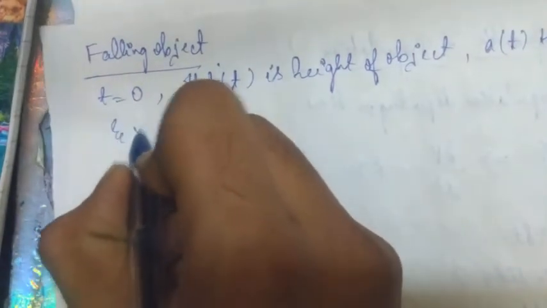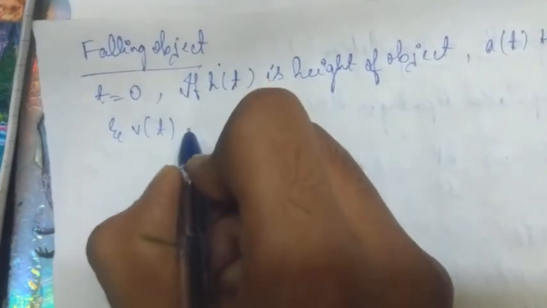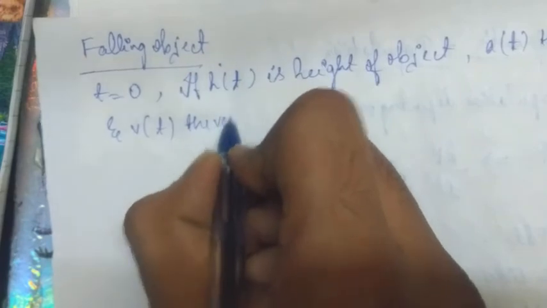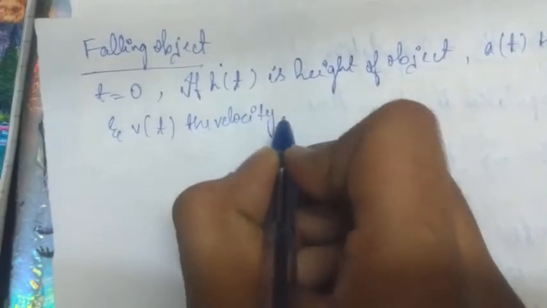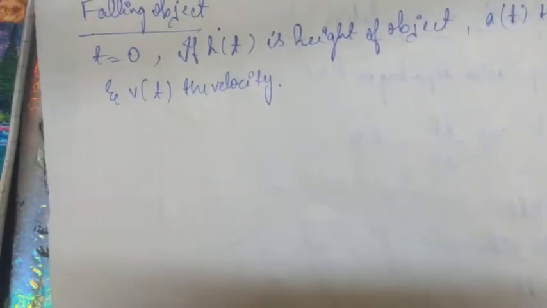We are taking a of t as the acceleration, and v of t as the velocity.